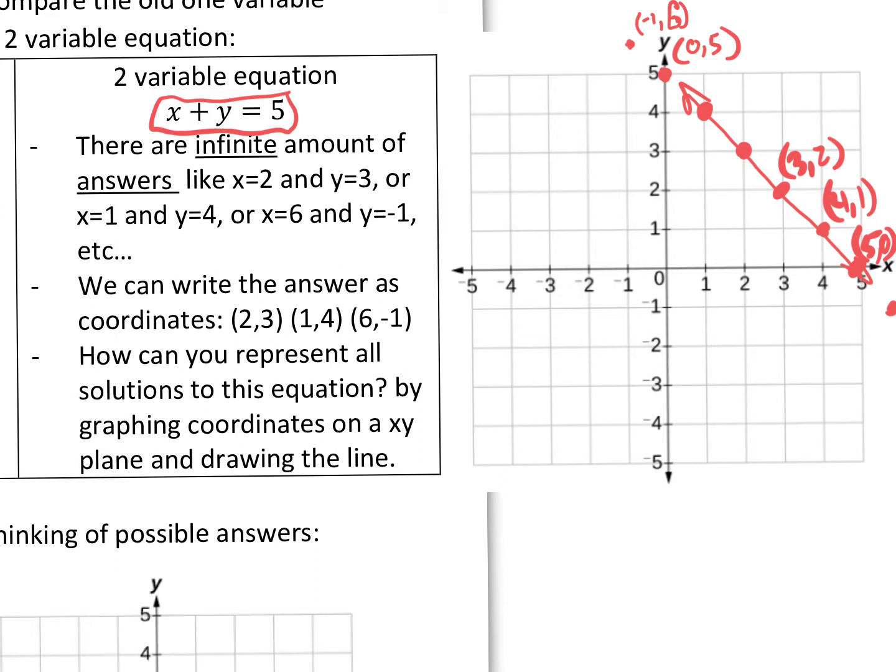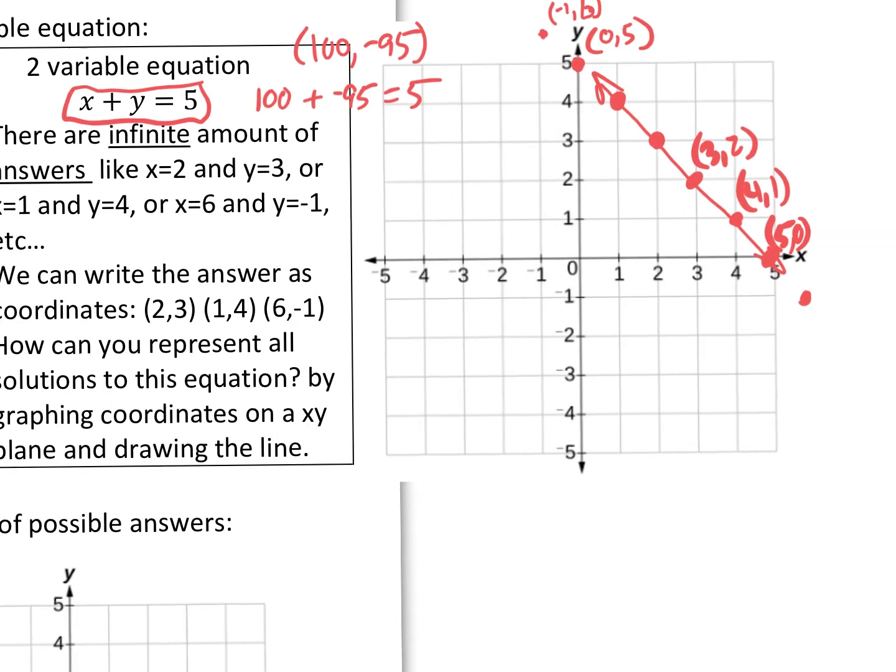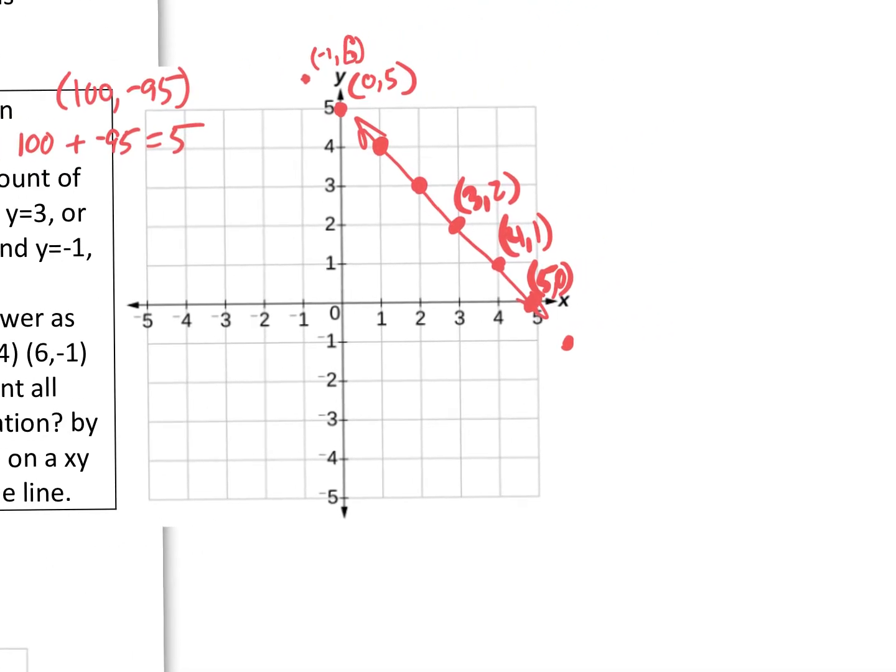We even said, like, if we went to, let's say x was 100 and y was -95, that will also give you 5, right? So the coordinate 100, comma, -95, that's also on this line. Now you'd have to have some imagination that you go 100 way out here off the graph and then -95 way down there, and you're going to see that it lands perfectly on that line.